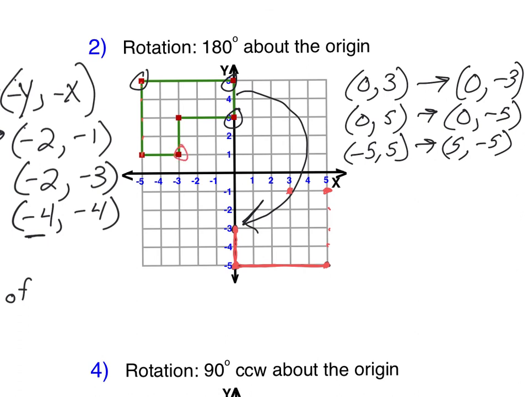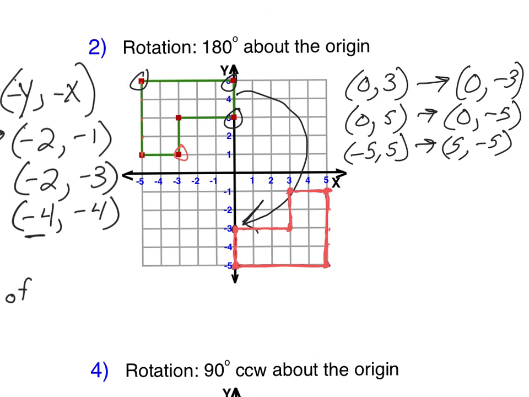That coordinate right there is left 3, up 1. Now it's right 3, down 1. So you can see that both the x and y changed signs. Then we come down to here, and we finish our shape. Once you have the pattern, you don't have to write all of the coordinates in, but it will help you if you write the coordinates down.